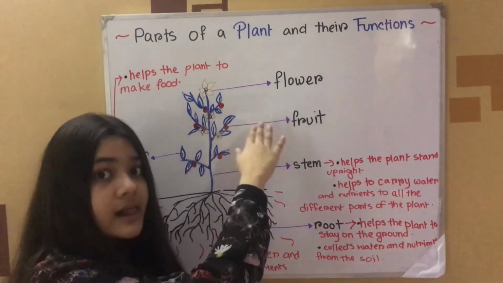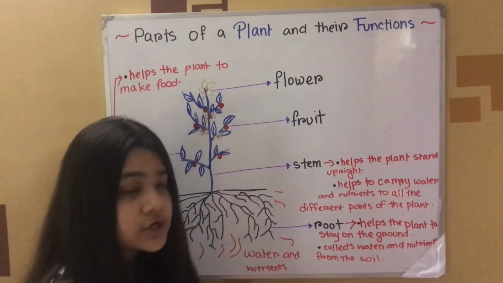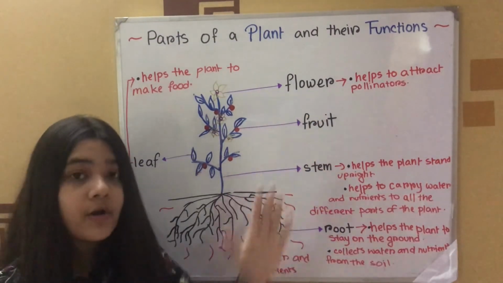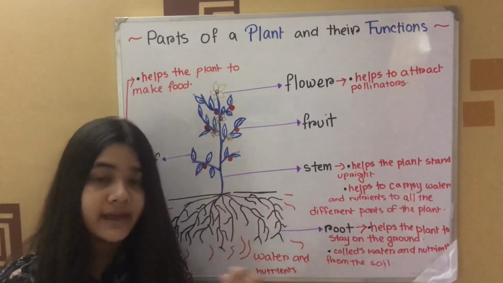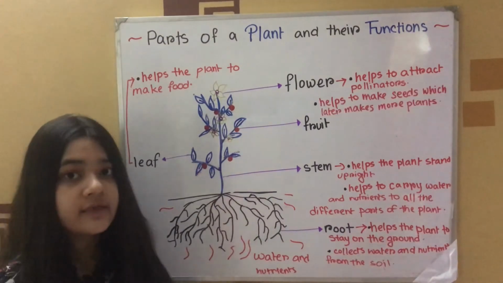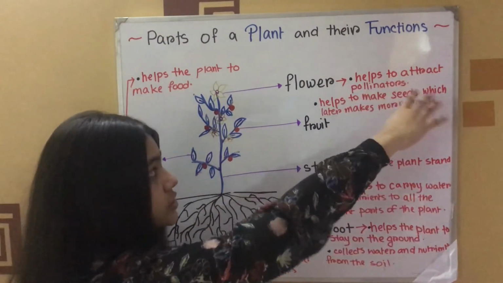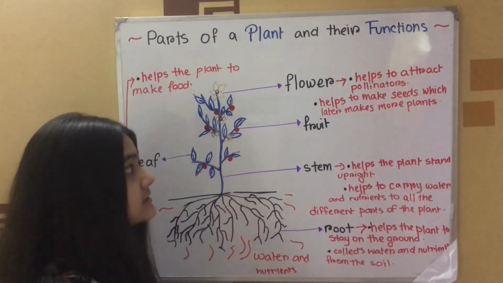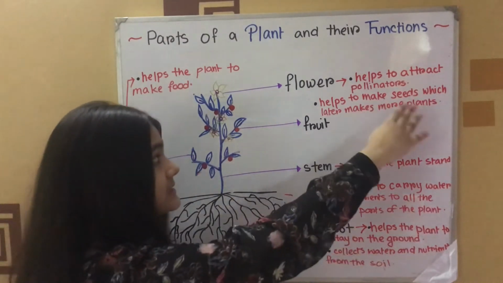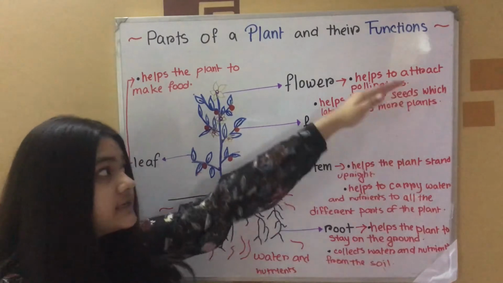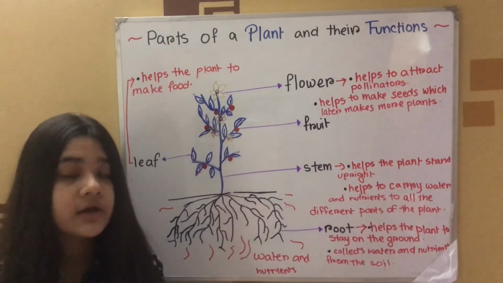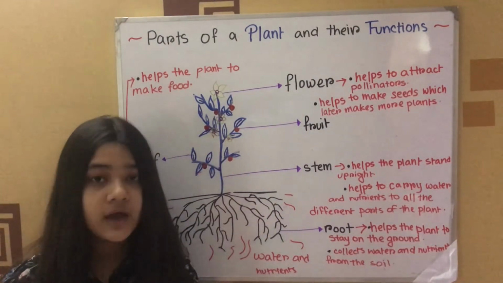The flower helps to attract pollinators, and it also helps to make seeds which later make more plants. It can attract the pollinator because of its vibrant colors.